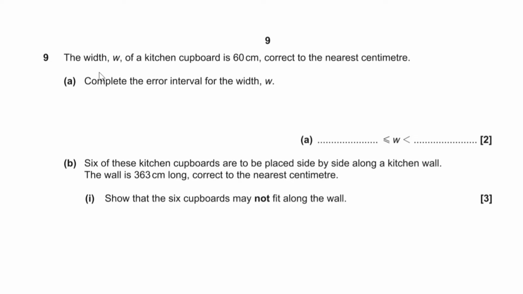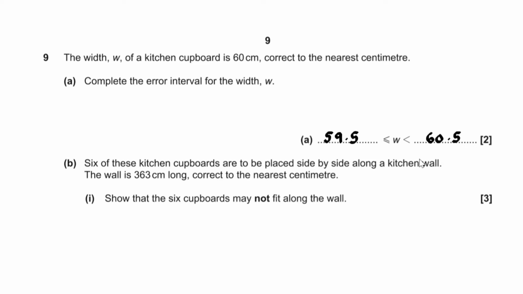Question number 9. The width W of a kitchen cupboard is 60 centimeters, correct to the nearest centimeter. For part A, we have to complete the error interval for the width W. Well, if we are rounding to the nearest centimeter, then for the lower bound, we would have 59.5. For the upper bound, we would have 60.5.